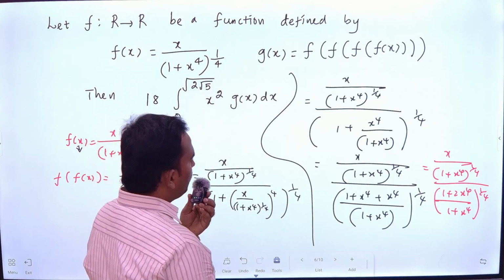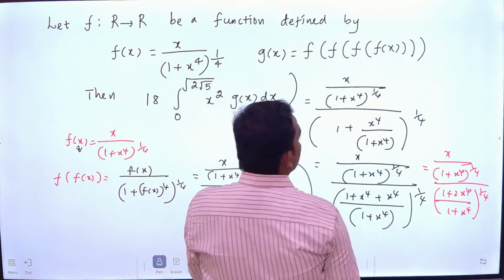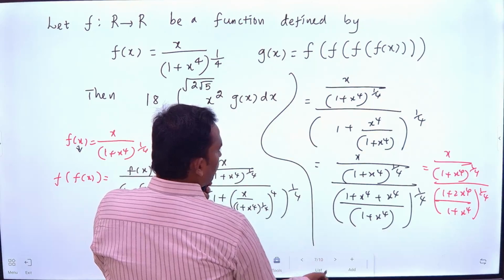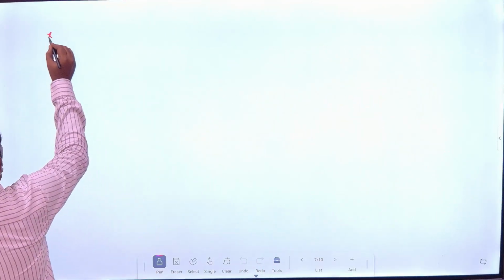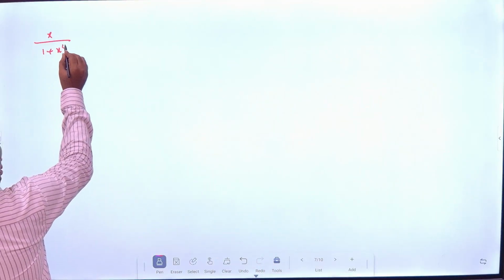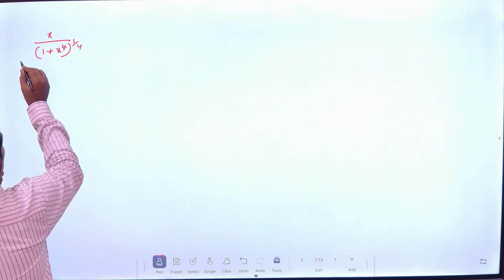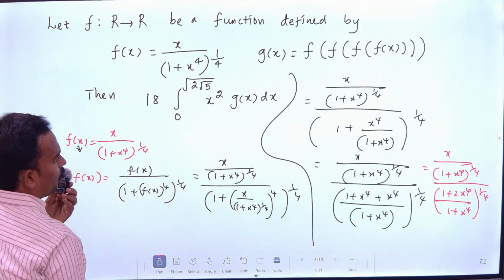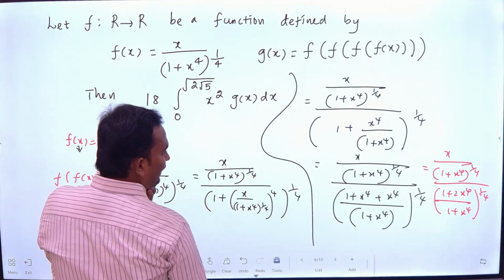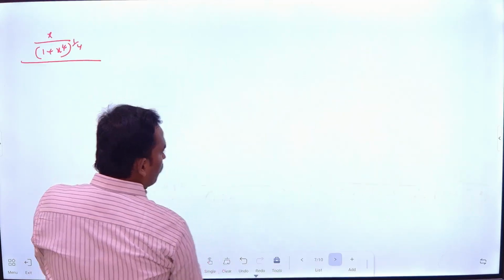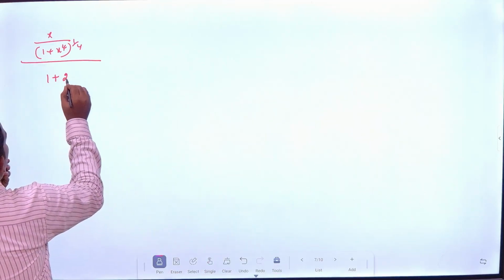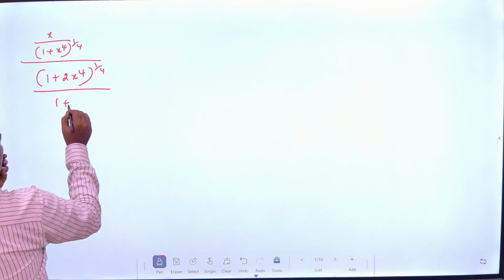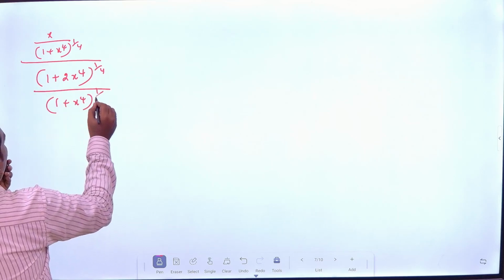You can expand it quickly: 1 plus 2x to the power 4 whole power 1 by 4 divided by 1 plus x to the power 4 whole power 1 by 4.